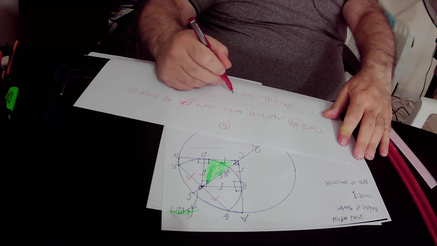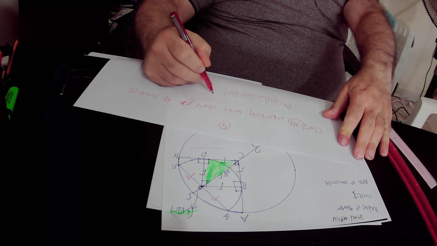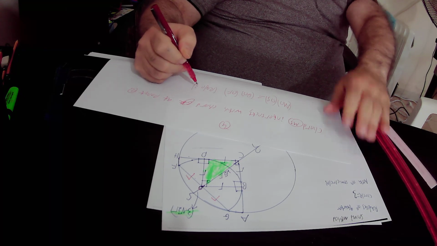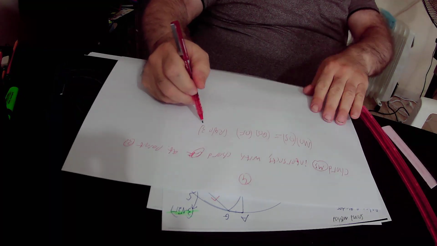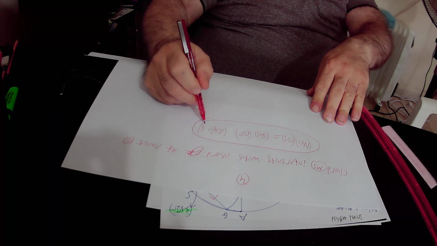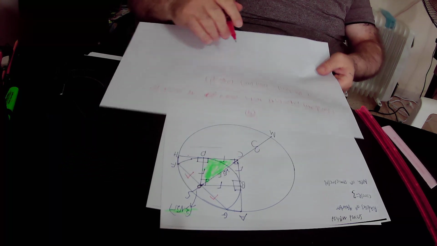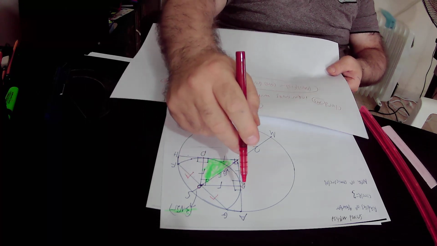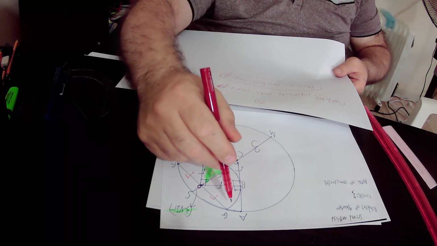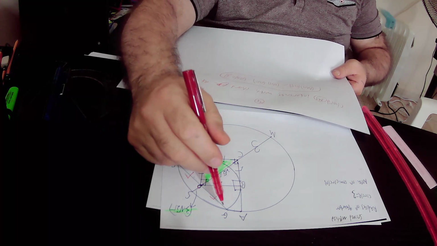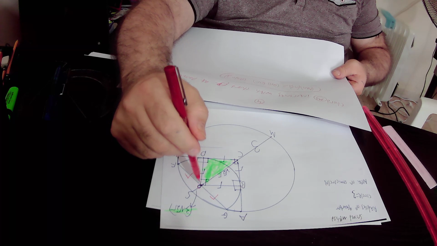Okay? I repeat again, according to rule number 3 in our drawing, MO times OS must be equal to GO times OF.